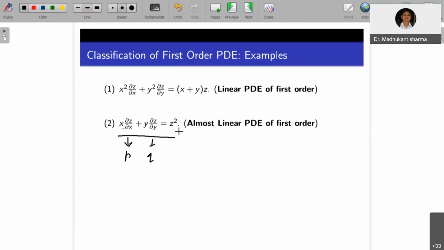The right hand side is not linear in Z, so it's an almost linear PDE of first order.